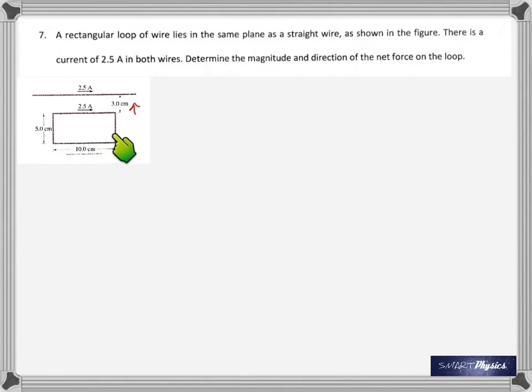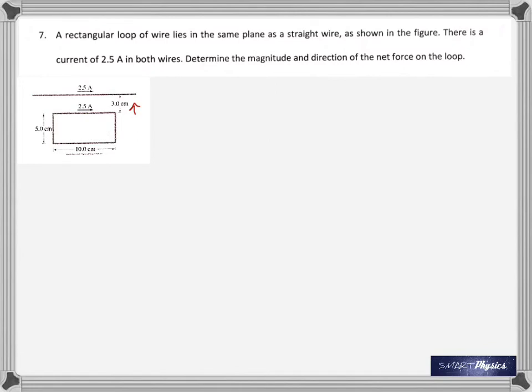Another thing is that there will be no force acting on the width of this rectangular loop, because the angle between the magnetic field there and the current will be 0 degrees. So there will be no force acting on the width, but here the magnetic field and the current in this conductor are going to be at 90 degrees.